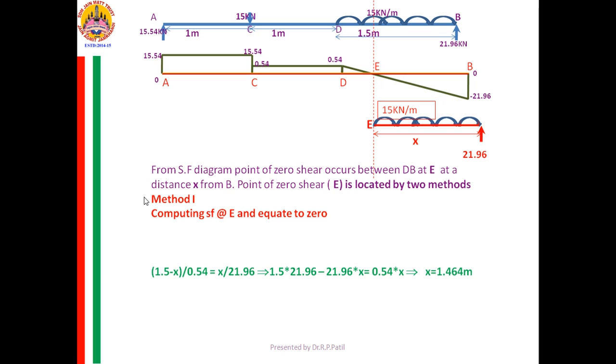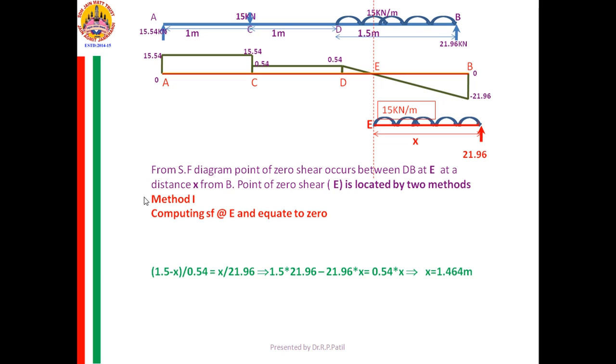Left up is positive. Here left is down. That is why it is minus 21.96. Now, SF due to 15 kilonewton per meter run, 15 into X is acting on the right part and is carrying the right down, means it is carrying the left up, that is why it is positive.